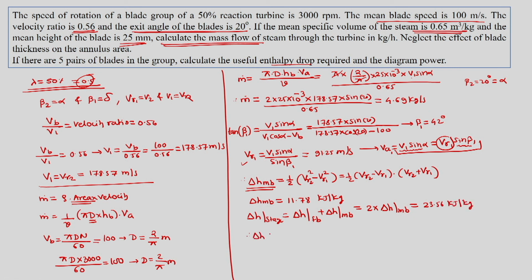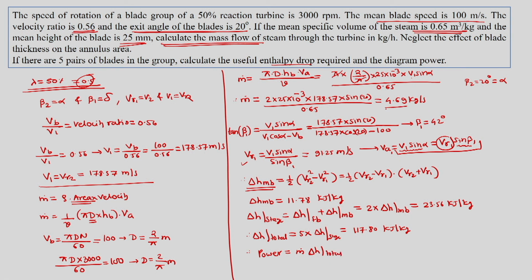Since it is told that there are 5 such stages, delta H total is 5 into delta H stage, so delta H is 117.80 kilojoule per kg.